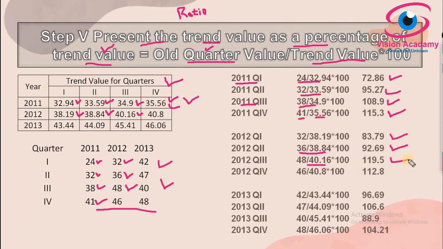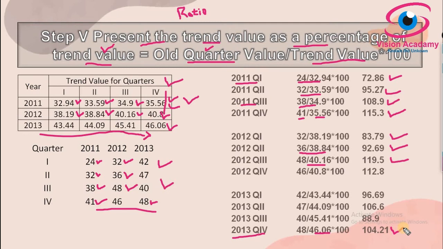I have calculated all the percentage of trend values for all the years' quarters. Say for example for 2013 quarter 4, the old value is 48 and the trend value is 46.06. This is the fourth quarter data of 2013. I have applied the formula, and the percentage of trend value is 104.21.